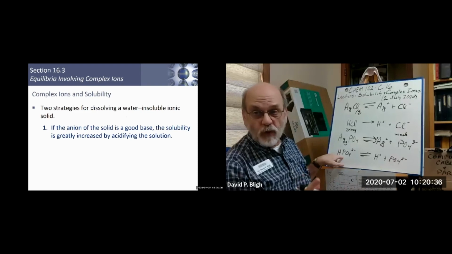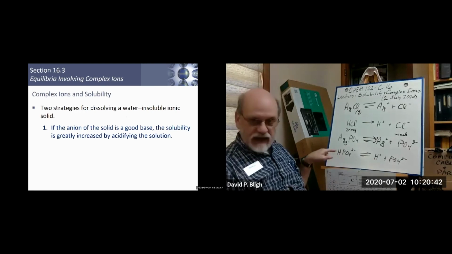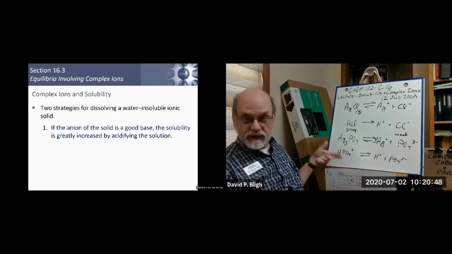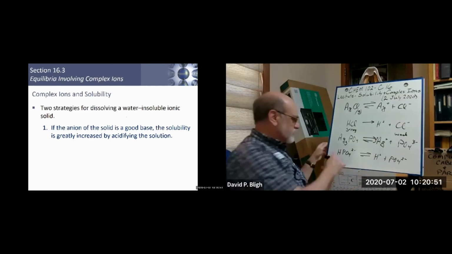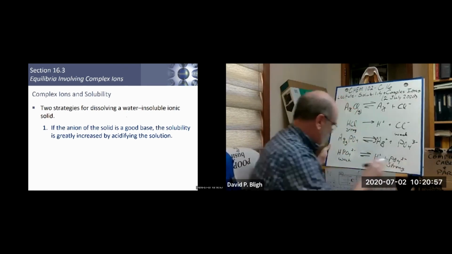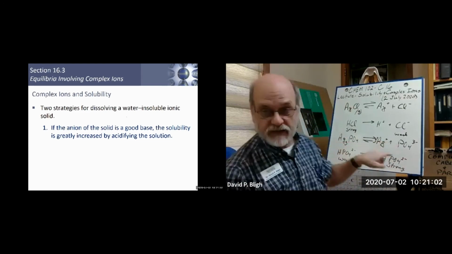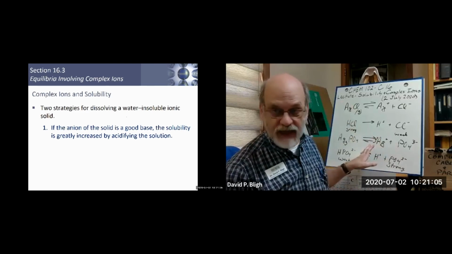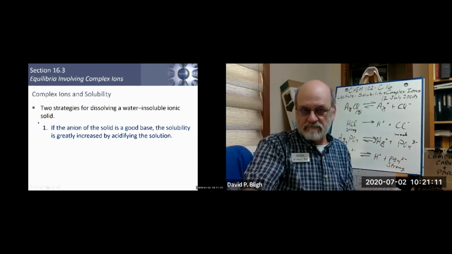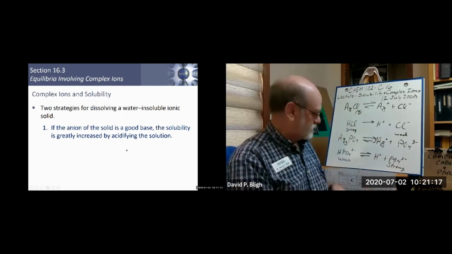Now, H3PO4 is a strong acid. But by the time you get down to this proton, that's a weak acid. And we have a Ka value for this that proves it's a weak acid. So if this is weak, this is strong. Weak acid, strong base. So now, with a strong base as one of your anions, you can acidify that solution and increase its solubility.